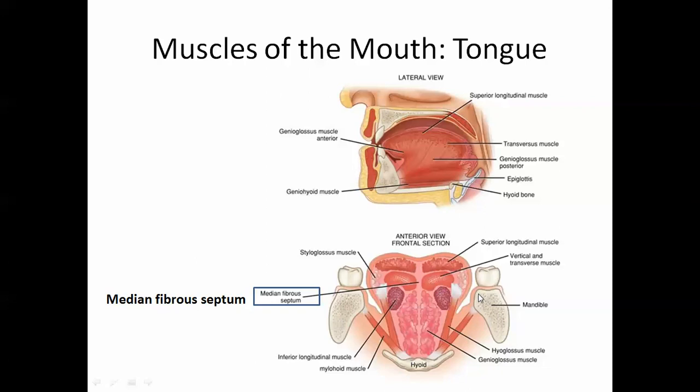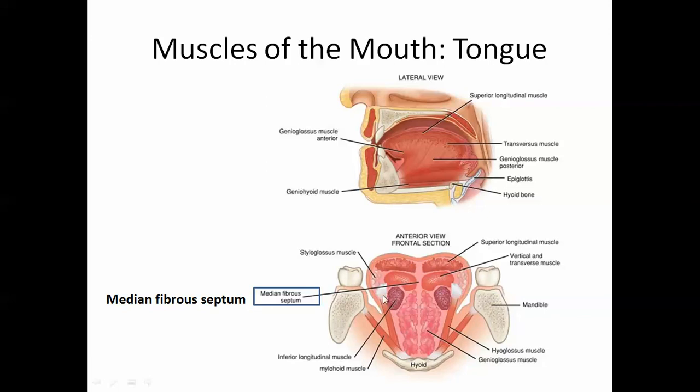All right. But your tongue is actually divided into right and left halves by this thin sheet of connective tissue called the median fibrous septum. I don't know if you guys have seen this, but I used to watch Ripley's Believe It or Not, and there was a guy that cut his tongue down the middle, and it looked like a snake's tongue, and he could articulate each side of his tongue independently.